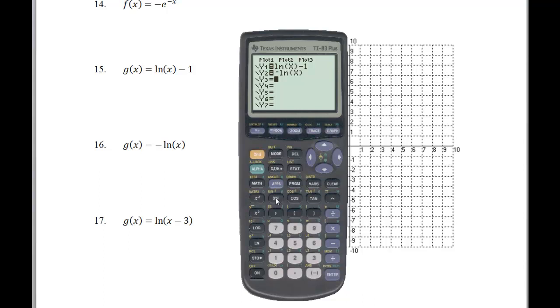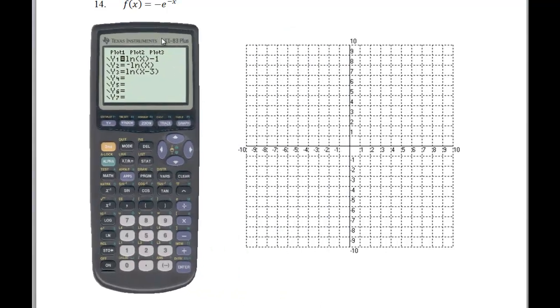Alright, now we'll have the natural log of x minus 3. Whoops, too many parentheses. And like I did before, I'm going to turn off the equations by hitting the Enter key on the equal sign. And so we'll take a look at the first problem here, problem 15. Let's go take a look at the natural log of x minus 1.